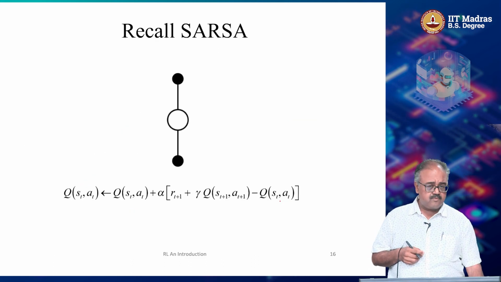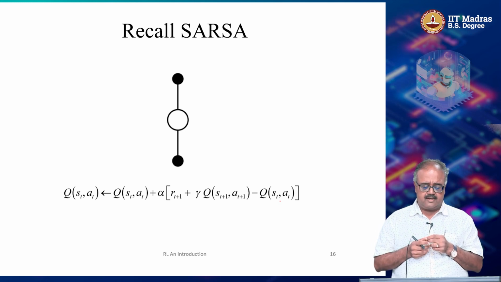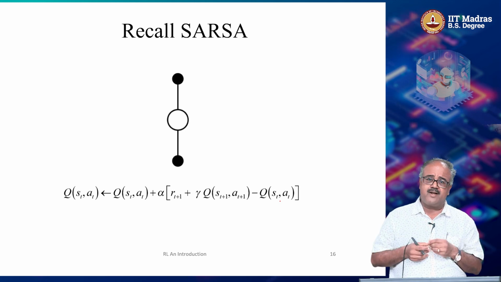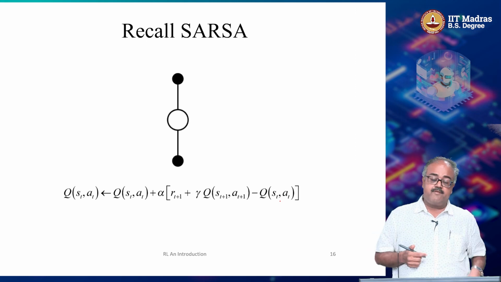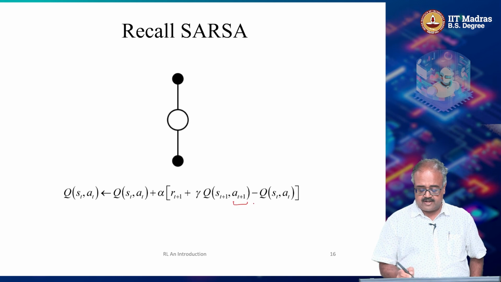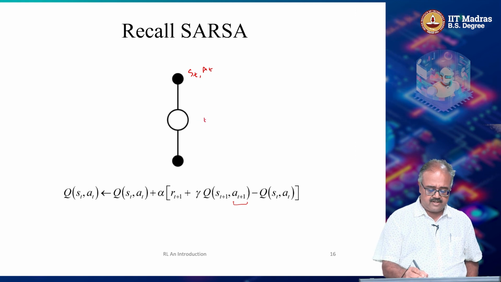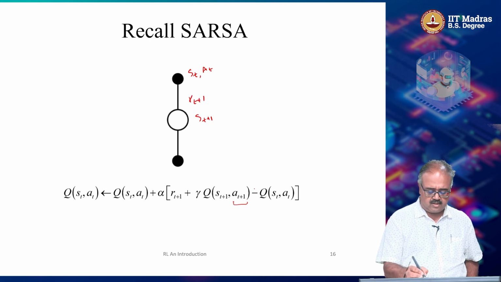Right. So the last piece that I wanted to talk about today is a slight improvement on SARSA. If you will remember, SARSA was basically using whatever action you take next. So you start with S_t, A_t, and then you go to S_{t+1}, and you get R_{t+1} along the way.